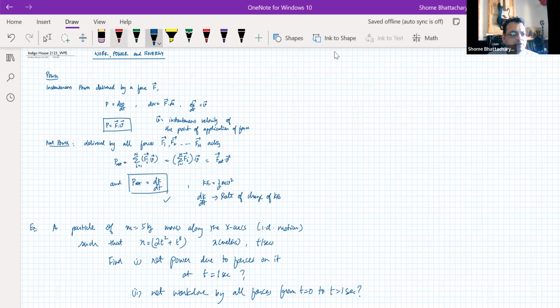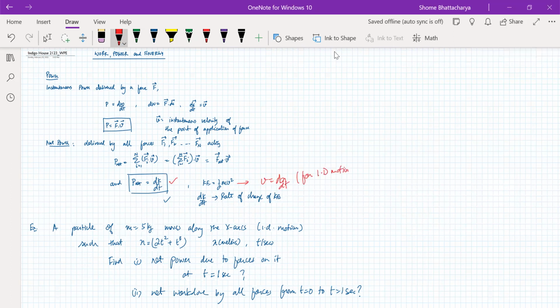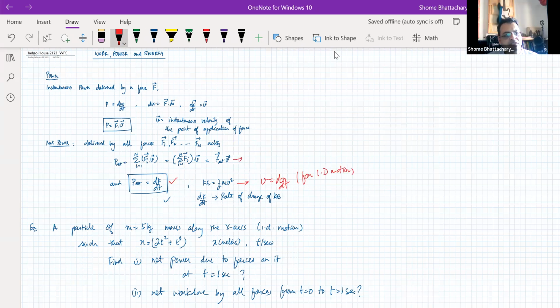So one option you have given, which is a feasible option, is we can make use of this, where kinetic energy is defined like this, and of course v over here is defined as dx by dt for 1D motion. Now one more option is we can also use this definition, that net power is equal to the net force dot product with velocity. So in 1D motion, this net power will become just the product of these two, because both are parallel vectors, no?